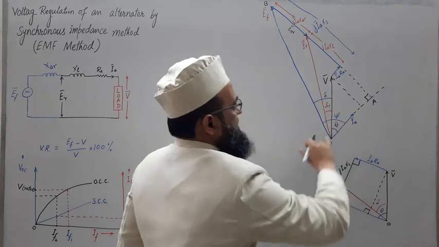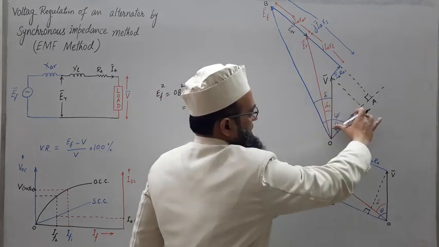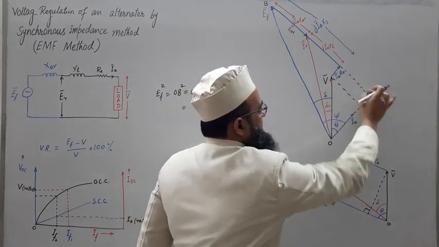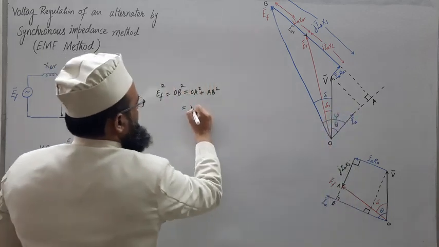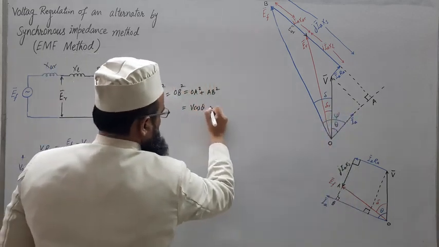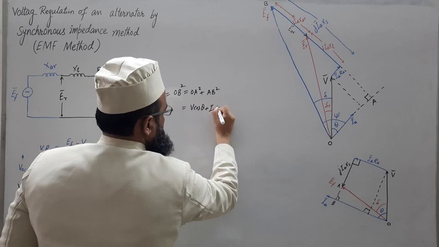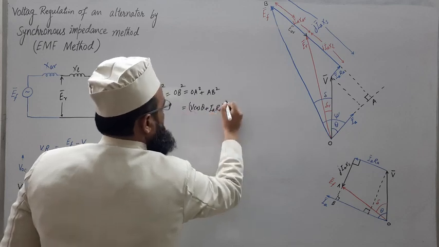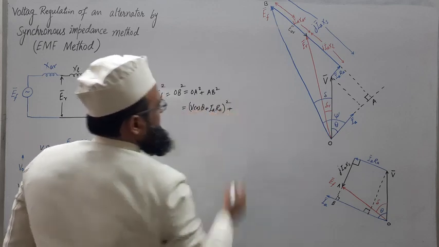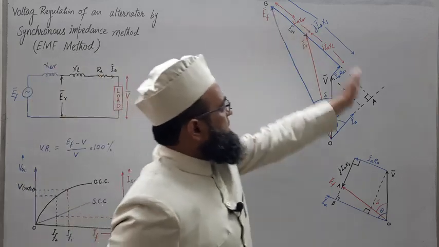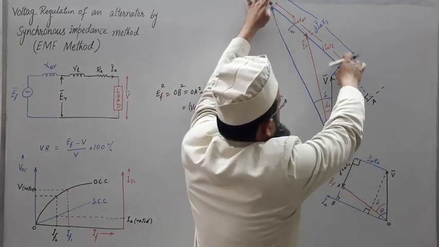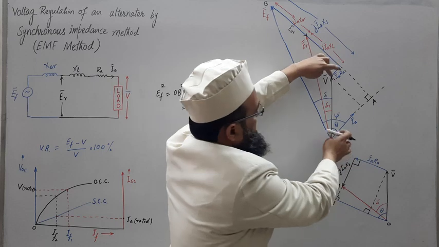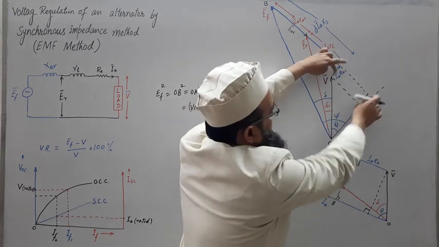This angle is theta, the power factor angle. So V cos theta will give you this length plus IA RA. Means OA may be written as V cos theta plus IA RA, squared, plus AB. This is AB, and this length is IA XS, and this length will be V sin theta, right?